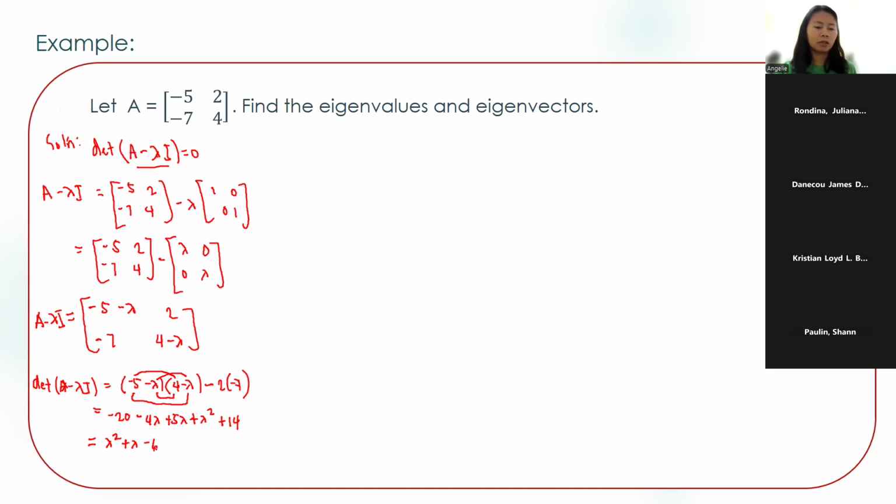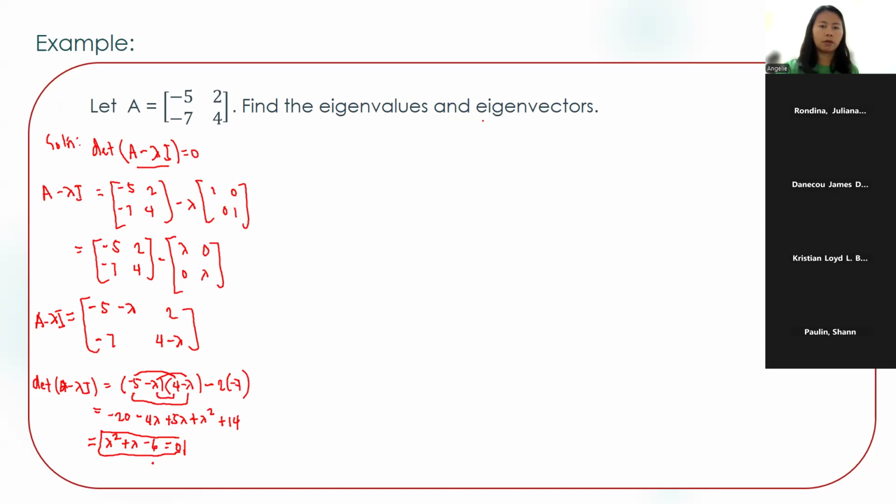Right? So now remember this one here is equal to 0. So we will equate this to 0. We have this equation now. What we're going to do is we factor out this expression.